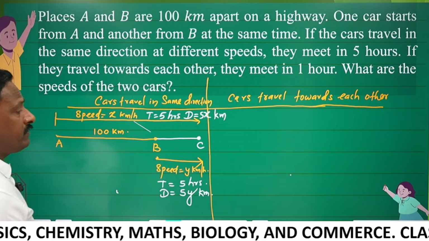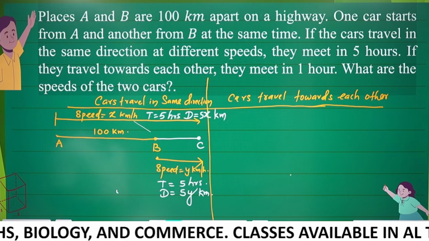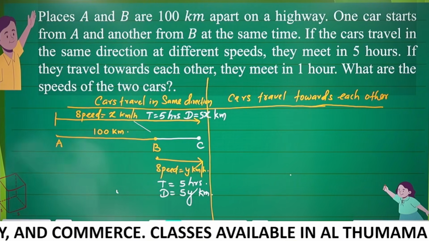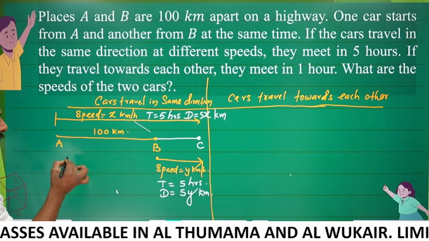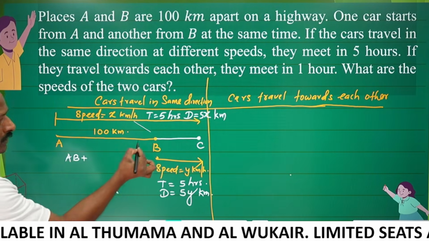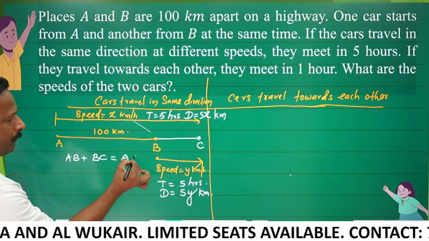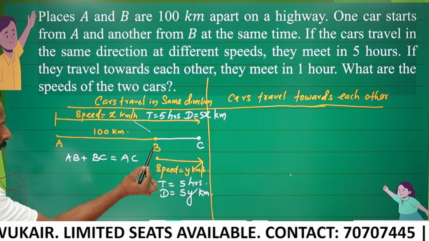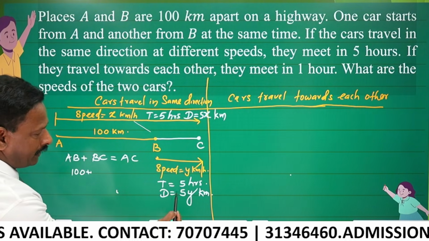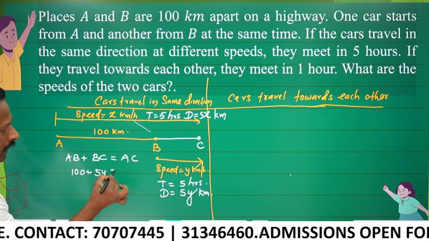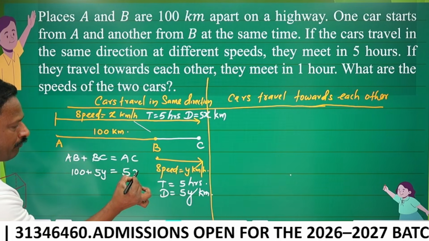And what does the question say? If the cars travel in the same direction at different speeds, they meet in 5 hours, right? Now from this figure, we know that AB plus BC is the same as AC. AB is 100, plus BC is 5y, equal to AC, which is 5x.